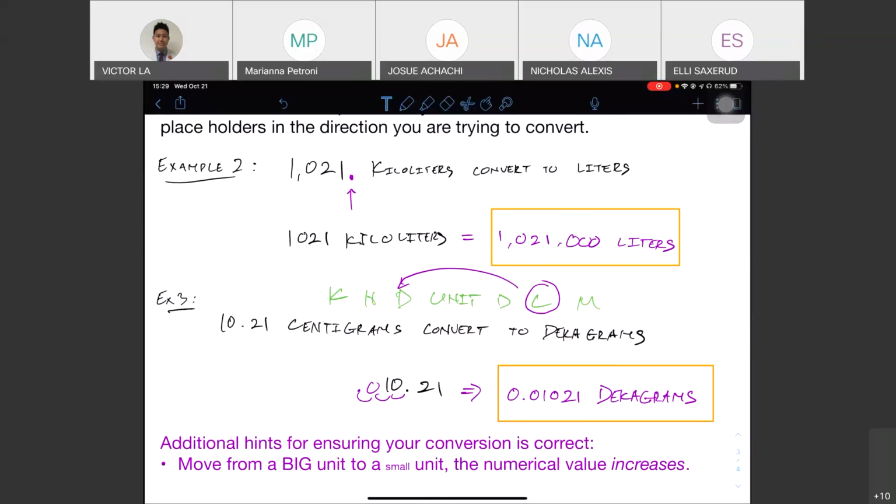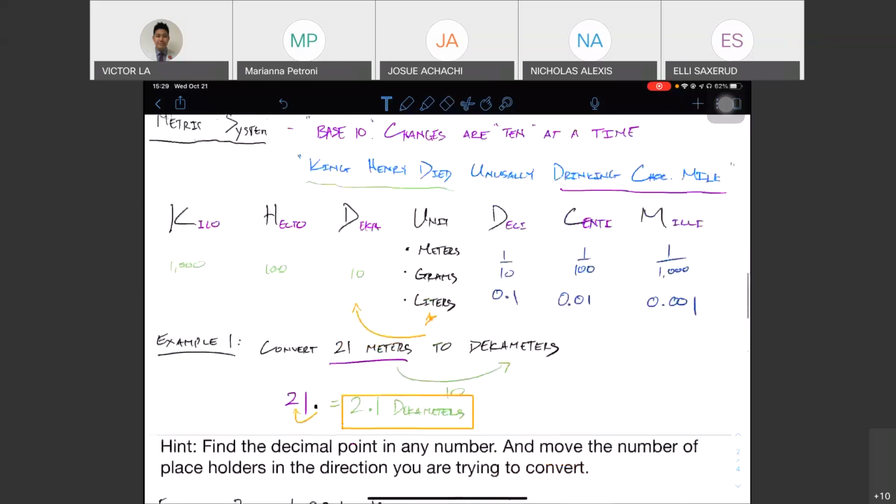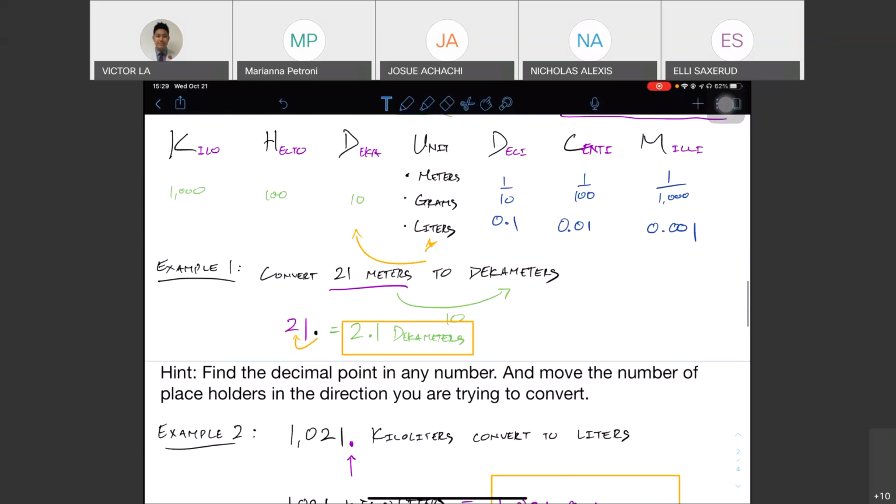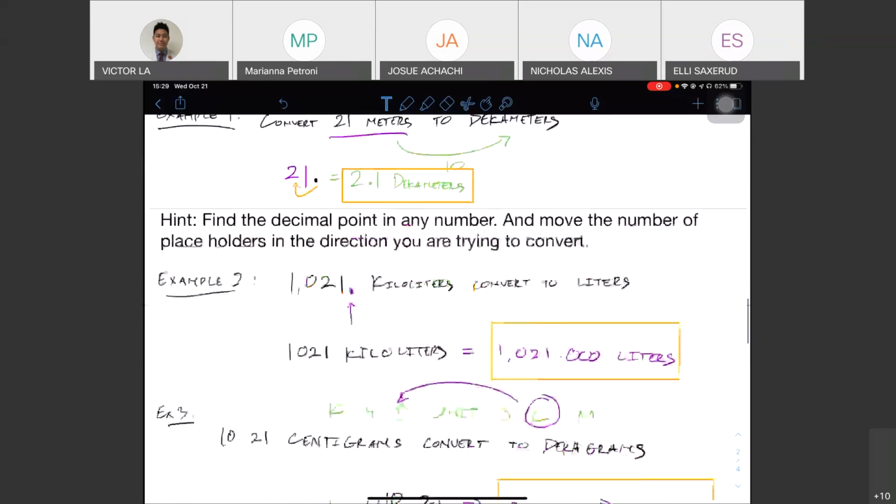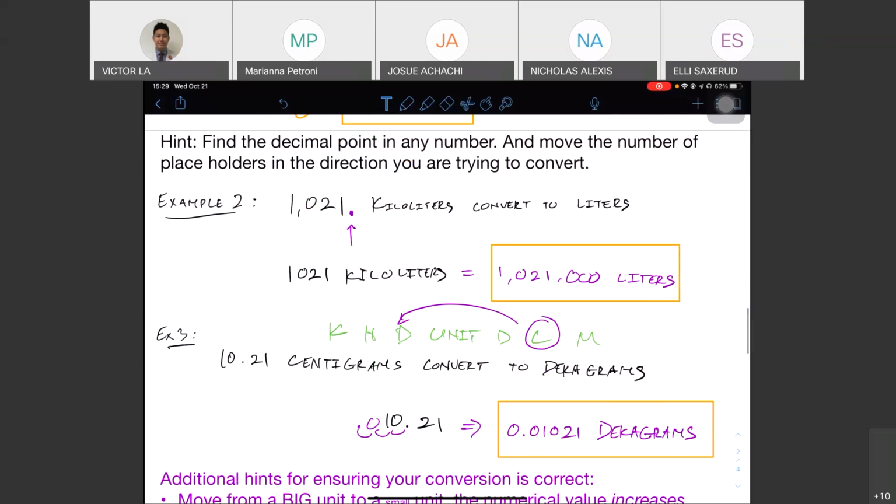Notice how we went from 1,021 kiloliters and we're converting it to liters. And if you look at the chart here, you can see kilo is bigger than the unit of measure, liters. So we went from a big unit to a small unit. And every single time you do that, you'll find the numerical value increases. So we went from 1,021 kiloliters to 1,021,000 liters.